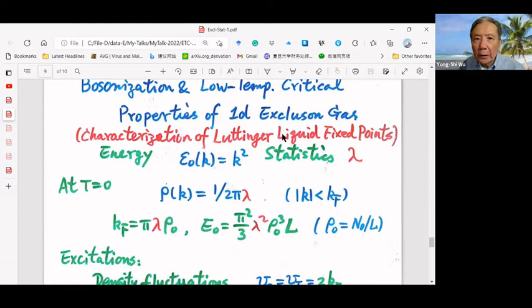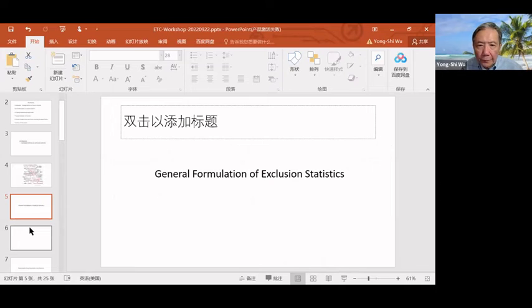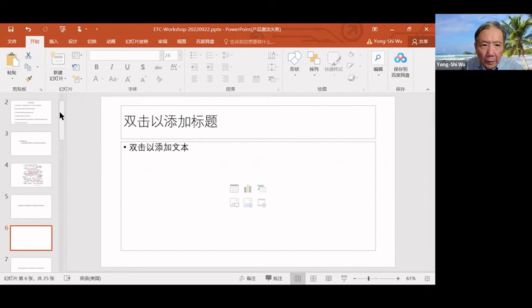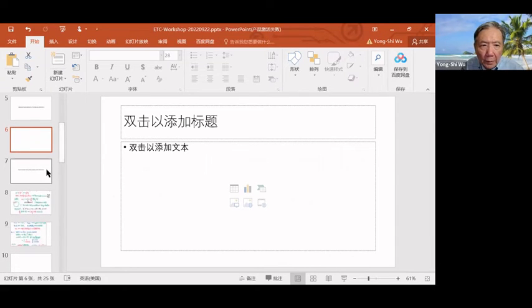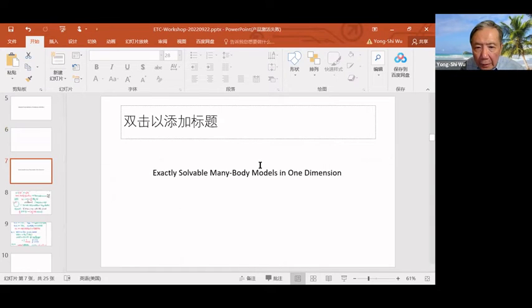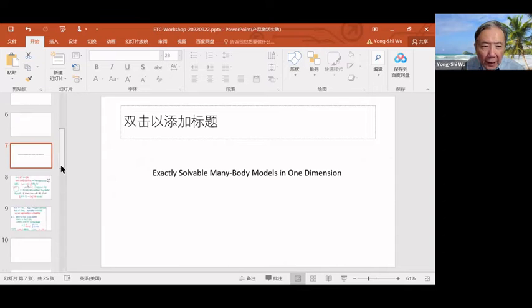Okay, so I need to go back to the general formulation. Exactly soluble models in one dimension, we have finished that.